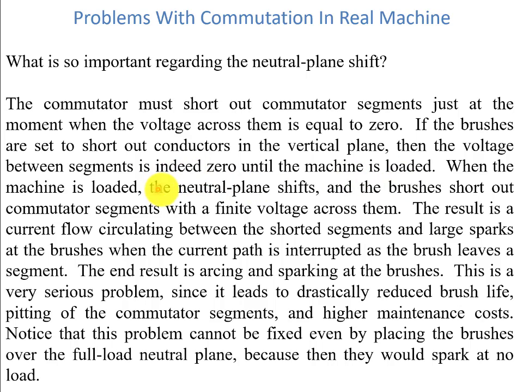When the machine is loaded, the neutral plane shifts and the brushes short out commutator segments with a finite voltage across them. The result is a current flow circulating between the shorted segments and large sparks at the brushes when the current path is interrupted as the brush leaves a segment. So the end result is arcing and sparking at the brushes.